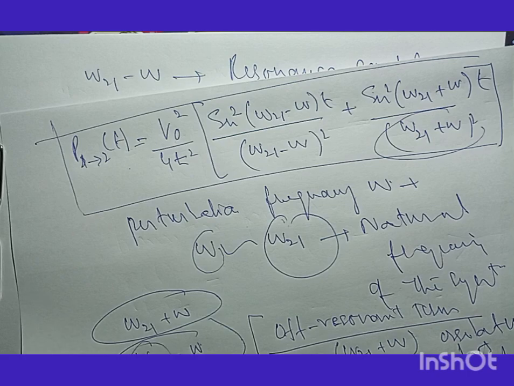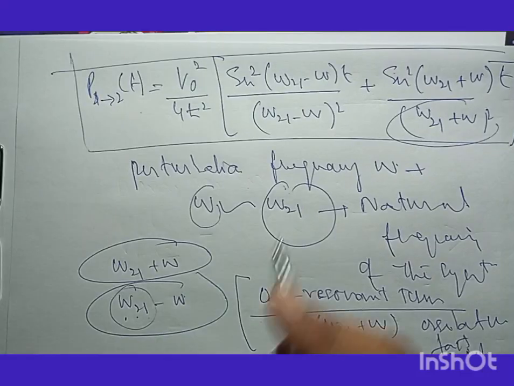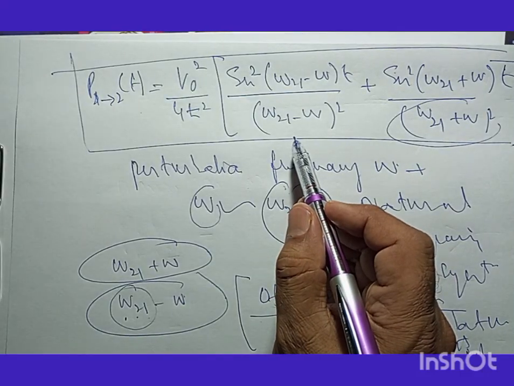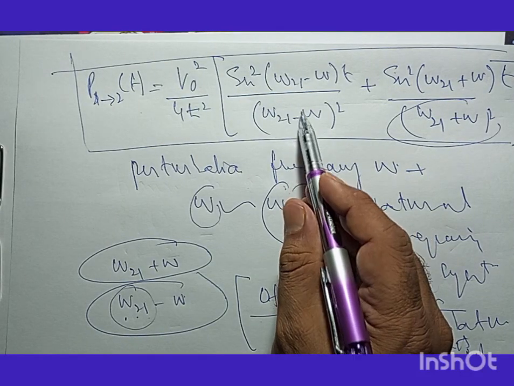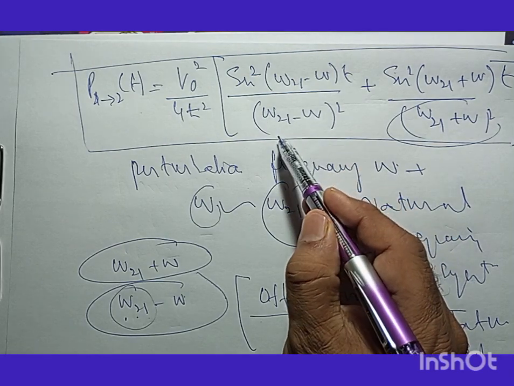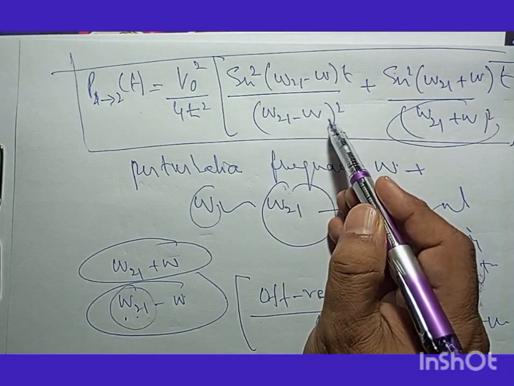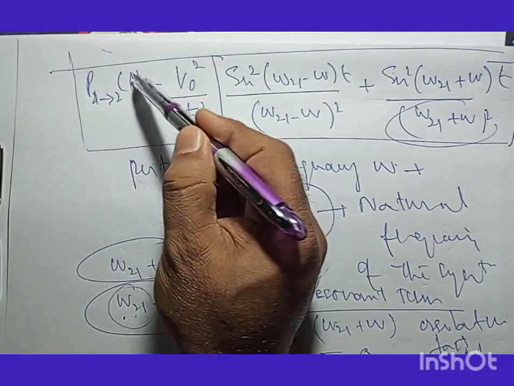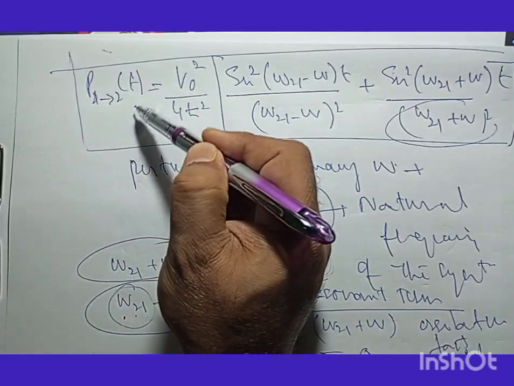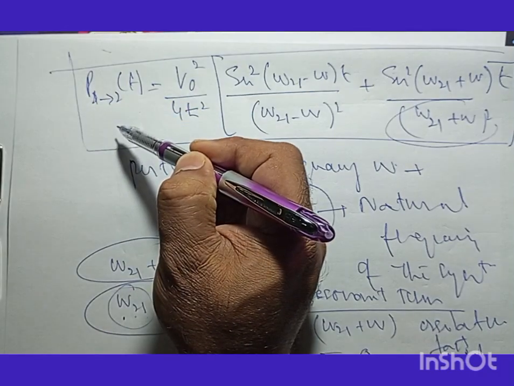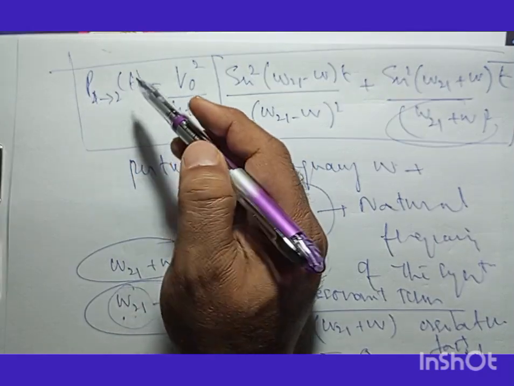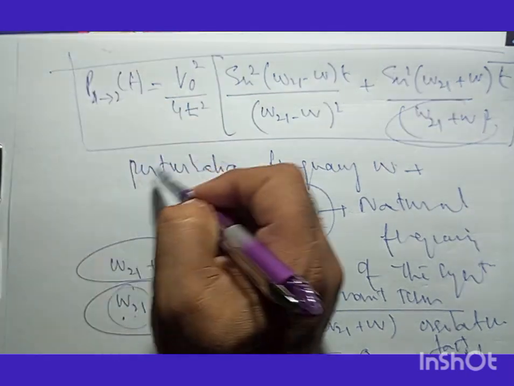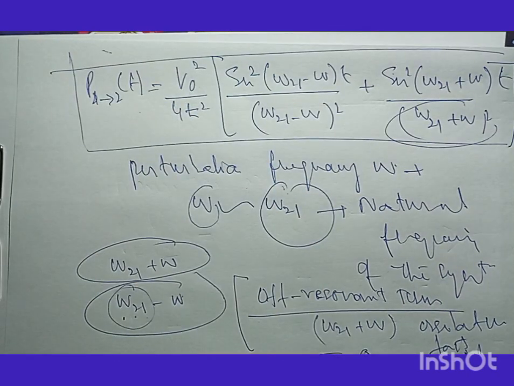And in this case, the denominator that we have here becomes small. And if the denominator becomes small, the amplitude of the enhanced transition grows significantly. And this leads to that enhanced transition probability.